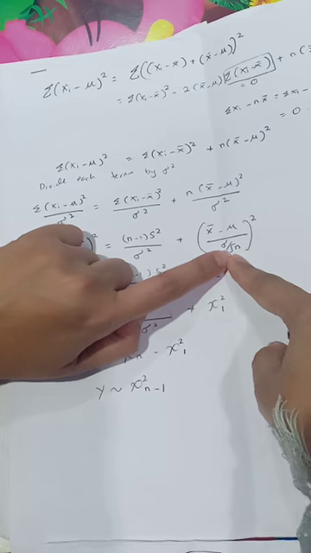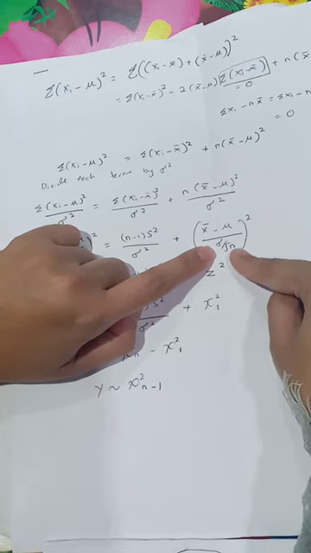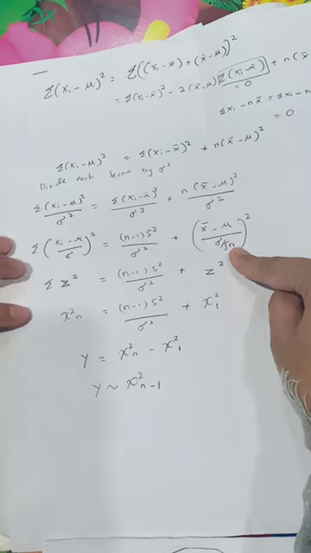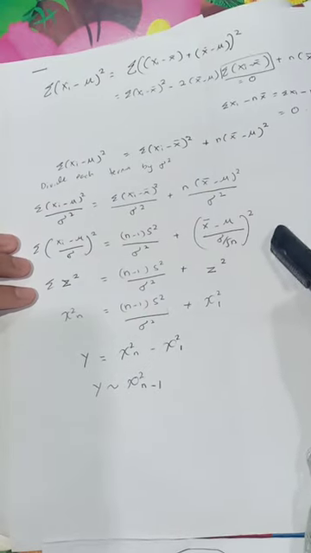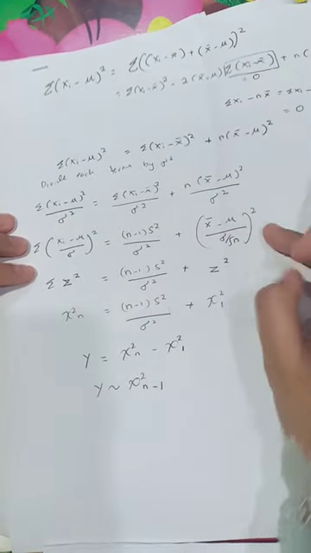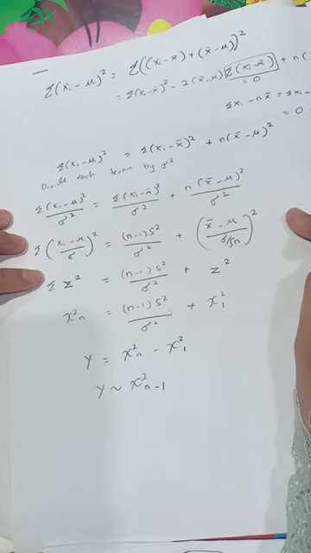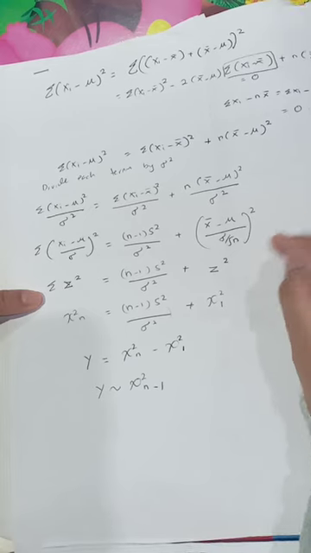So here will be eliminated. Right. So here will be n. Okay. Can you understand? Alright. So this row, I hope this row will be clear. So I will move to the next row.